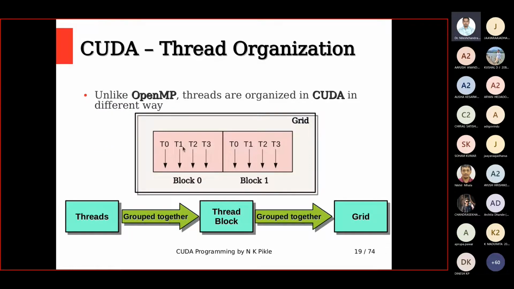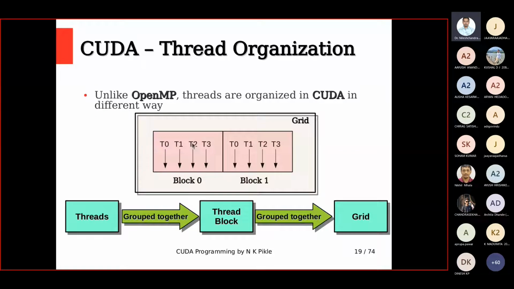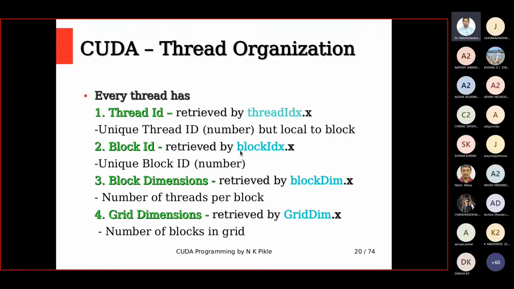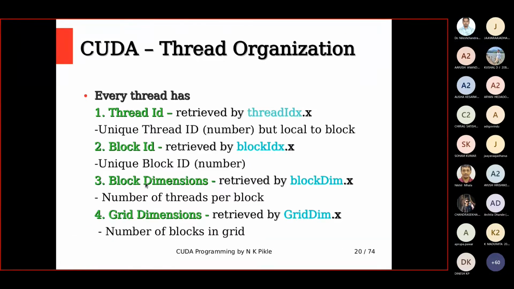So if you want to find out for this thread what its ID is, I'll be using threadIdx.x. Let's say you want to find out in which block this particular thread is, then I will use blockIdx.x, right? Now let's say I want to find out the number of threads in this particular block, right? It is 4, so I will use blockDim.x. This will give you the number of threads in that block. And if I want to find out the number of blocks, then I'll use gridDim.x.